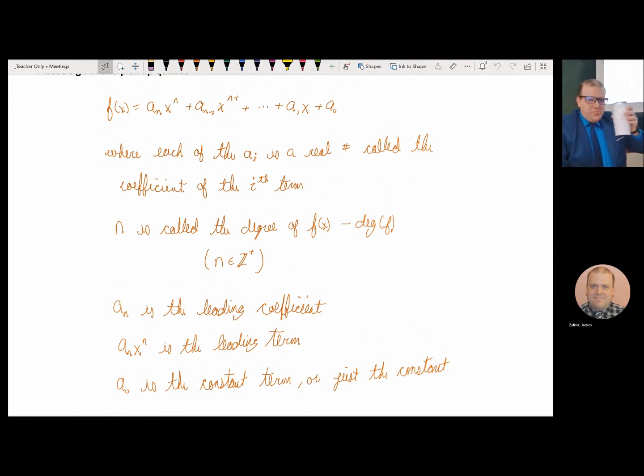A naught is the constant. Being able to identify the leading term and the constant term is very important.